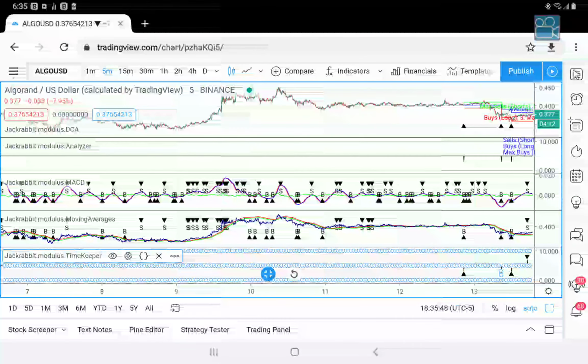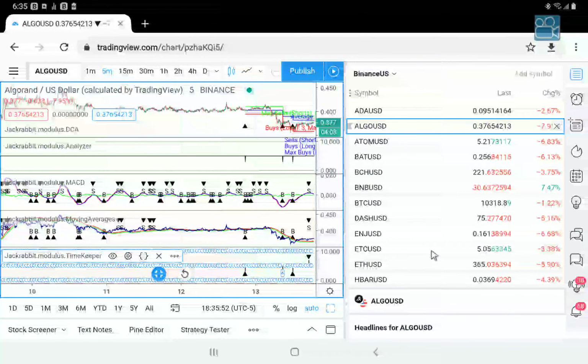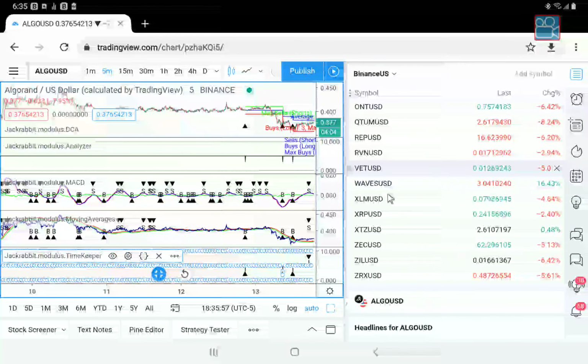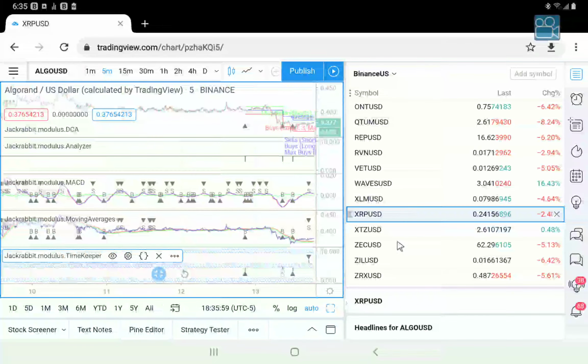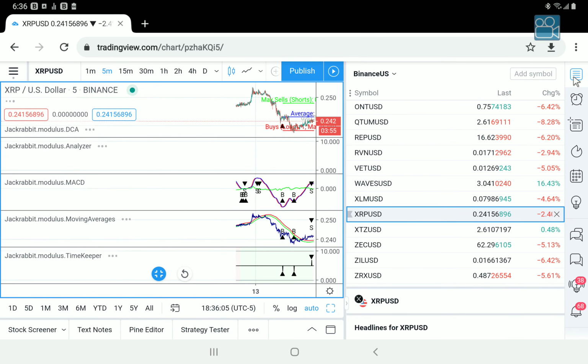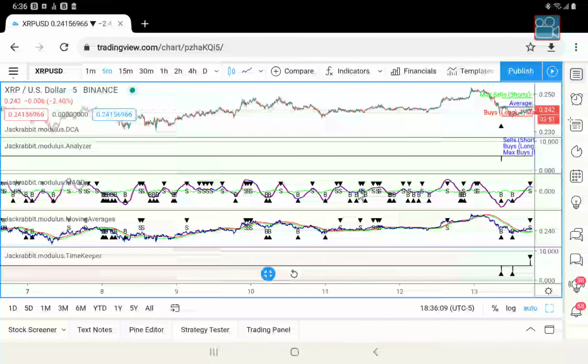XRP has had many good trading moments, but because of its channel problems, it has been horrendous to deal with. That is where you can deal with this problem efficiently.